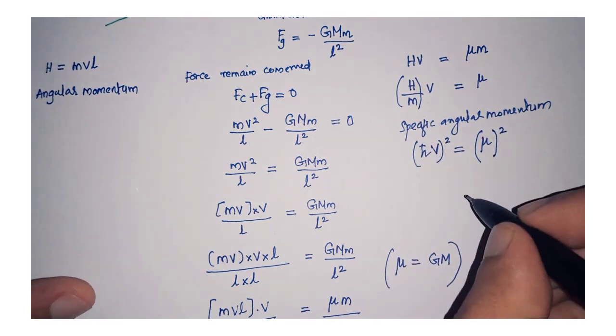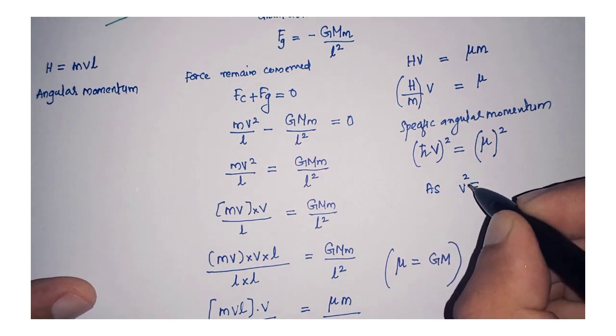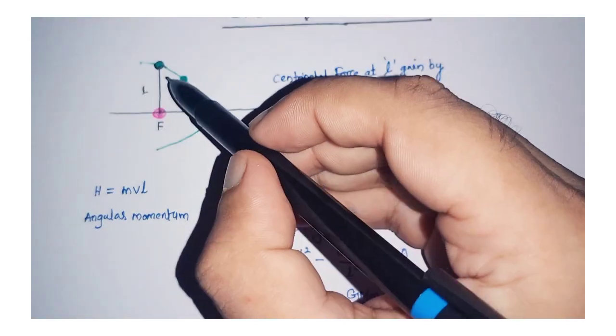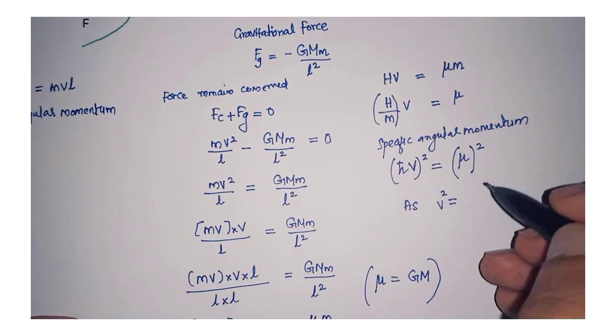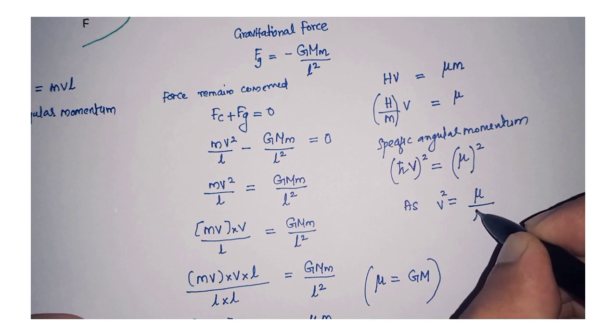The orbital speed v square is equal to mu divided by the distance of separation, so v square is equal to mu divided by L.